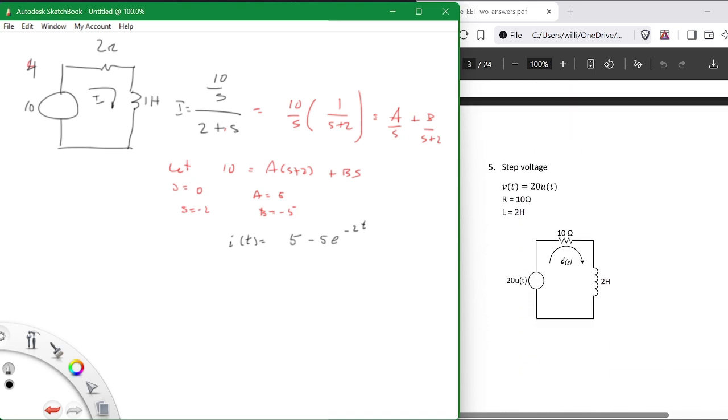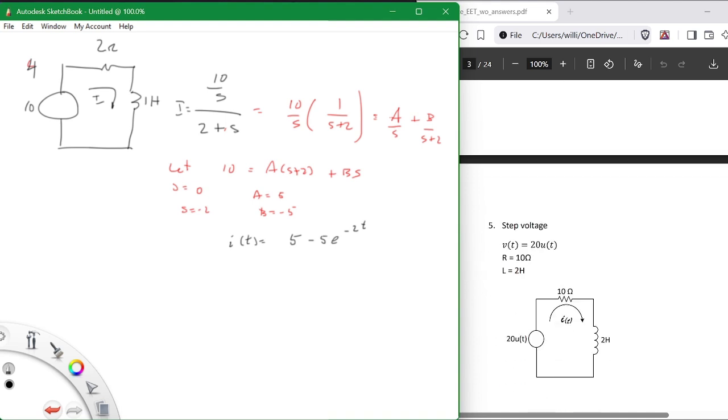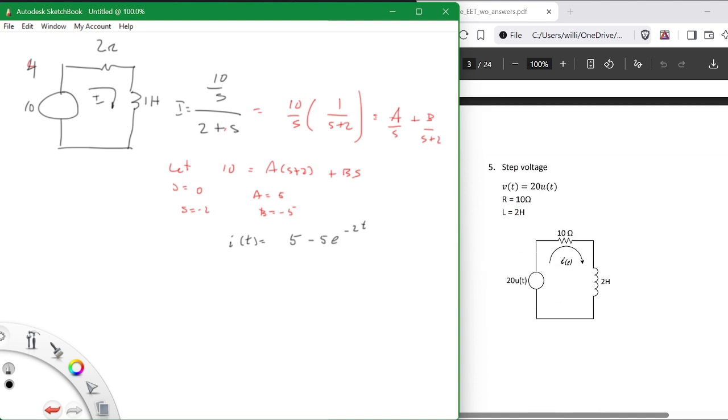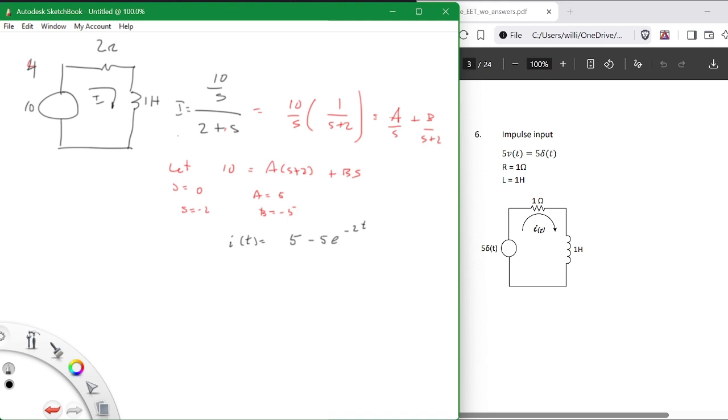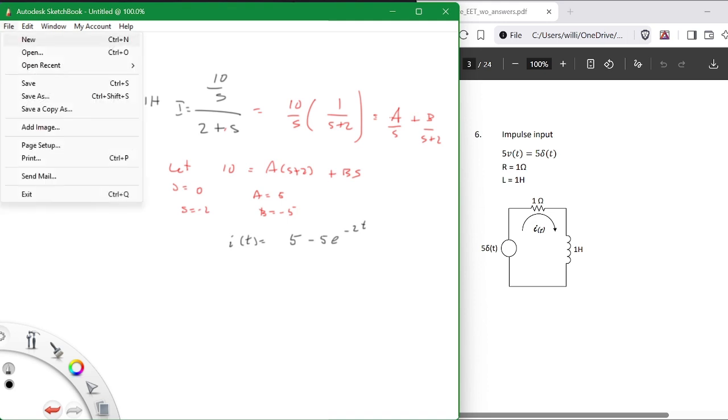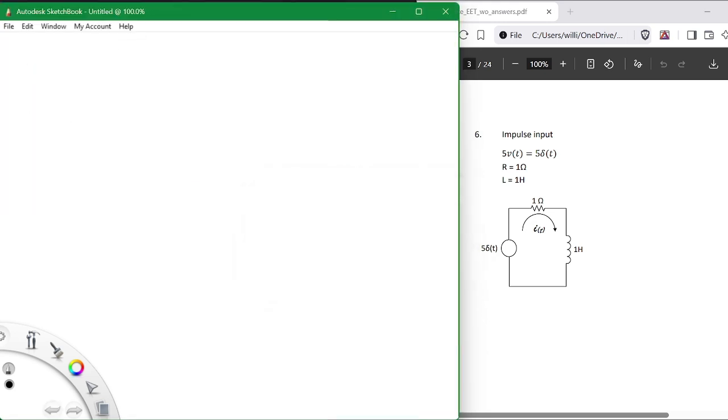Now, what is this one? Again, this is the same as this one. They're the same thing. I'm not going to worry about this one. You can do this one yourself, okay? This one is number 6.